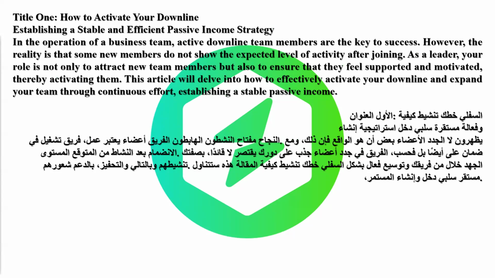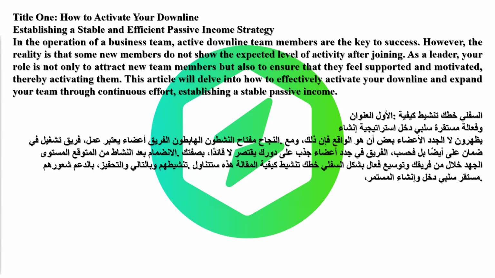So in the operations of a business team, active downline team members are the key to success. However, the reality is that some new members do not show the expected level of activity after joining. Some members, after they join, don't do anything.